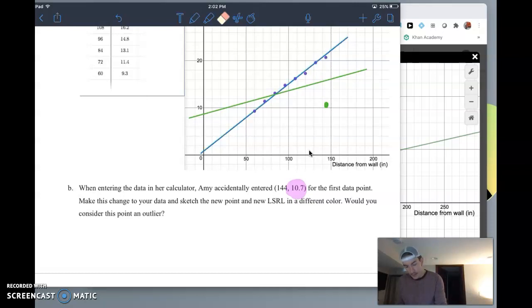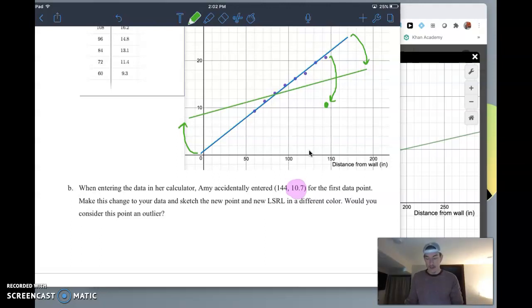We'll see how good of an artist Anderson is. When the point got changed and that came down, once we corrected that error, my LSRL tipped down as well. The other thing that is definitely worth noticing is that my y-intercept also moved up. So my slope decreased, but my y-intercept also increased.